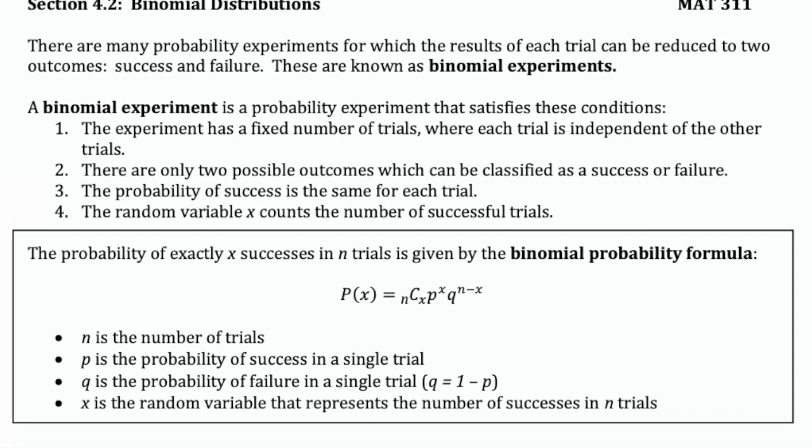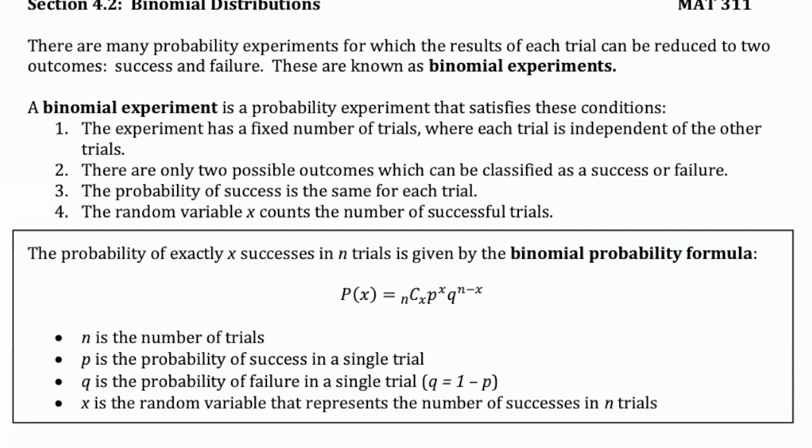So if I want to determine the probability of exactly x successes in n trials, we have the following probability formula. So the probability of x successes will be equal to, and you're going to notice here many variables. N is the number of trials, and x is the number of successes that we want to find the probability of.